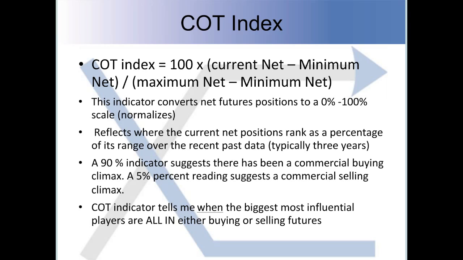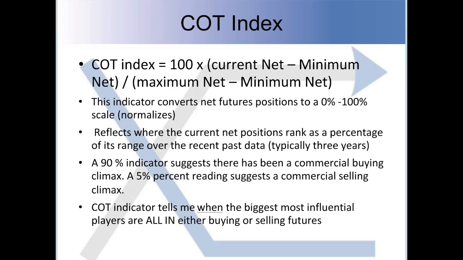The key index we're going to talk about here today, and I'll touch base on some of the other ones that are in development by John and TradeCOT, is the one I reference most of the time, called the COT index. You can see the equation here.